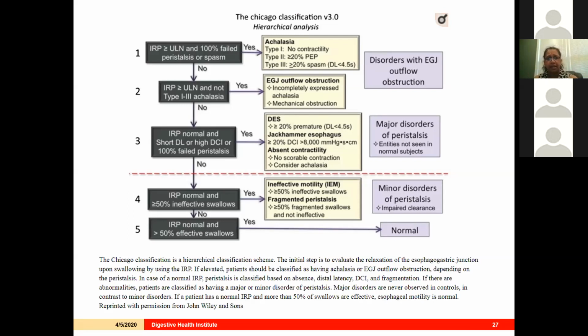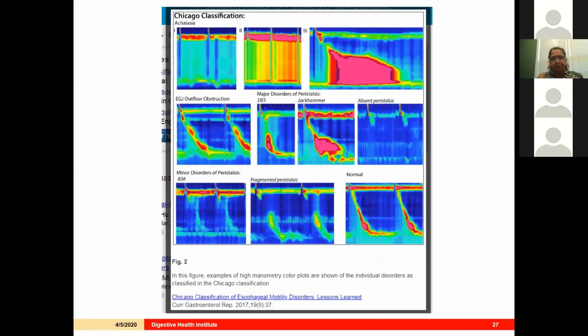It's a little bit more clear than the prior first version, and helps us to understand these motility disorders better than we did before. And as you look through this and think about these abnormalities, it really helps you to understand correlation with patient symptoms much better.